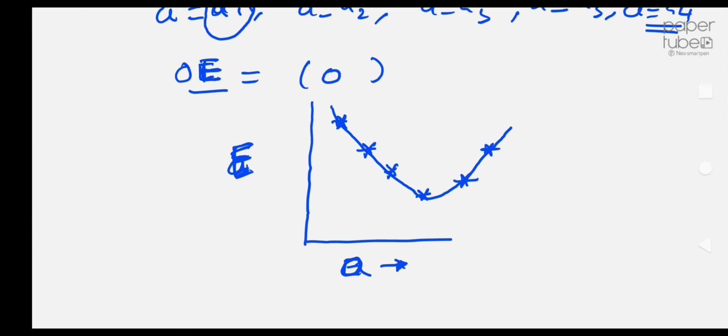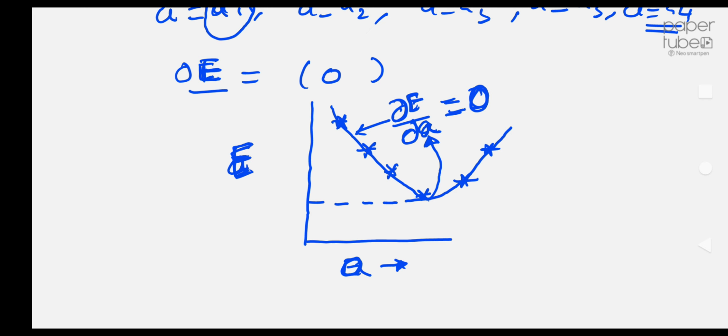We can call this trend line the change in error with respect to change in a. When the error is minimum, that point is where this function is equal to 0. So the change in error with respect to change in a should be equal to 0.